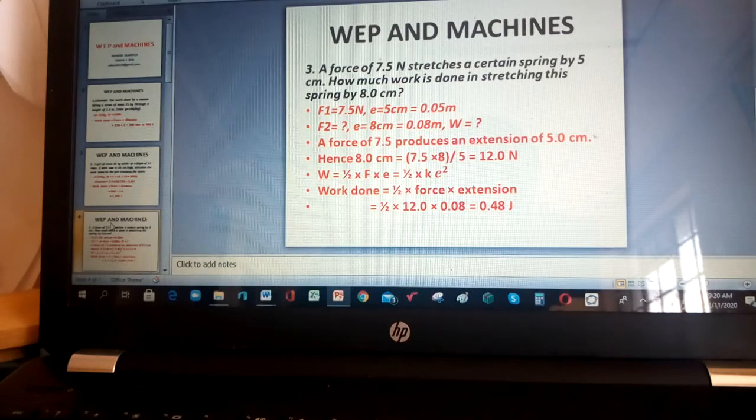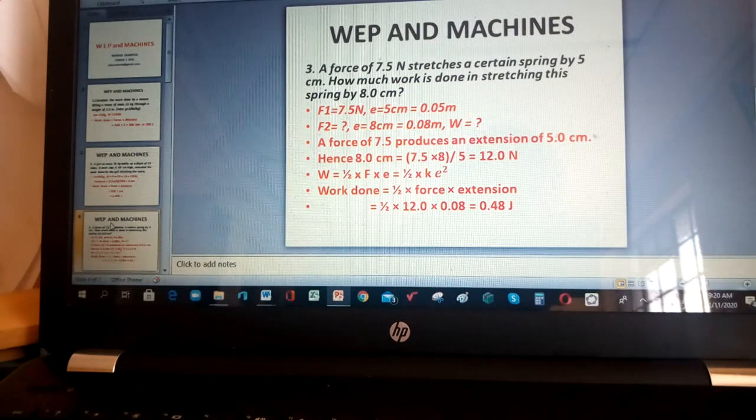The force F1, which is given, caused an extension of 5 centimeters, and I've done the conversion of centimeters to meters. In the second scenario, we need a force F2. It is the force F2 which will help us get the work done on that spring which was stretched by 8 centimeters. After sorting out your work, you go to the knowledge.